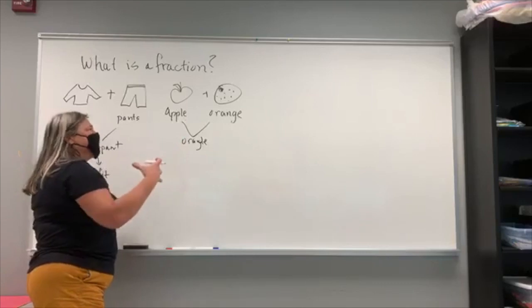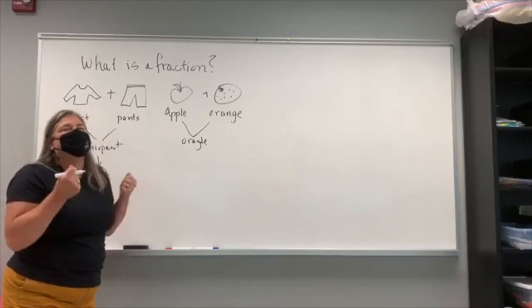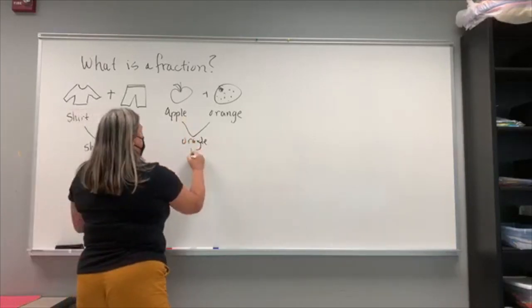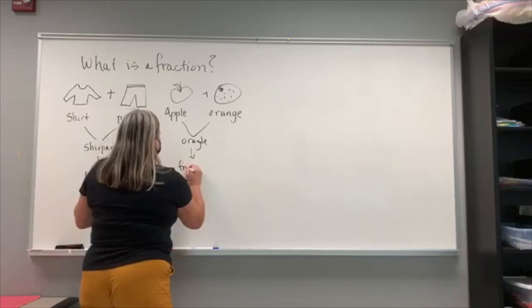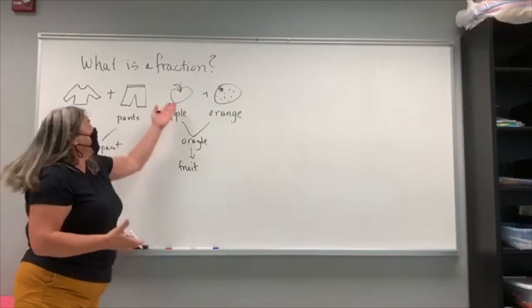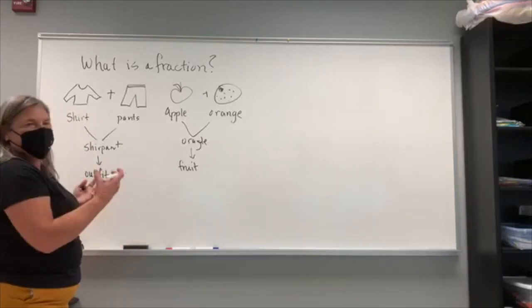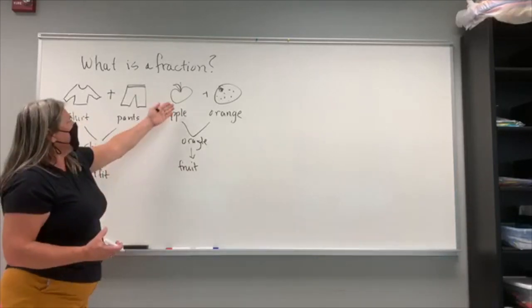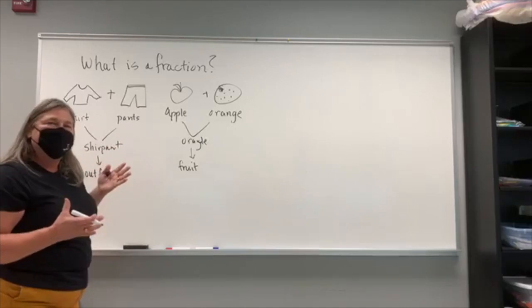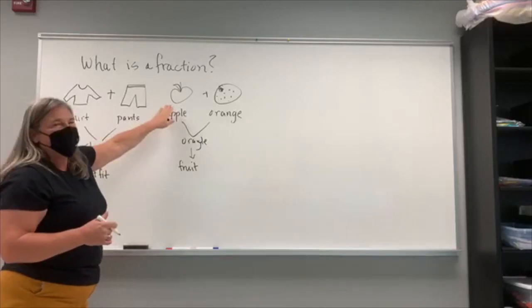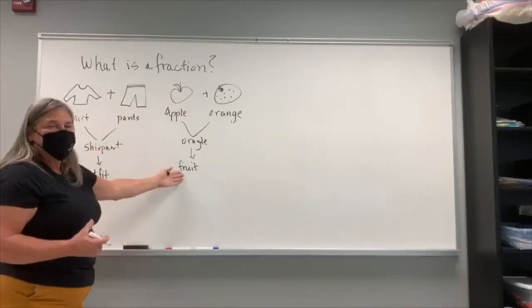So we would have to figure out, okay, how can we combine these two things so that it makes sense? Well, we could say pieces of fruit. Because fruit makes sense. This is a piece of fruit, this is a piece of fruit. So we can combine them to make something new that really keeps them together as what they are. It doesn't change what the apple is and what the orange is, but now we have something to call it all together.